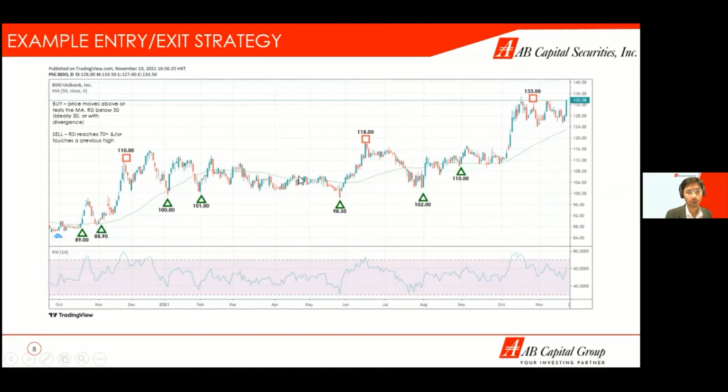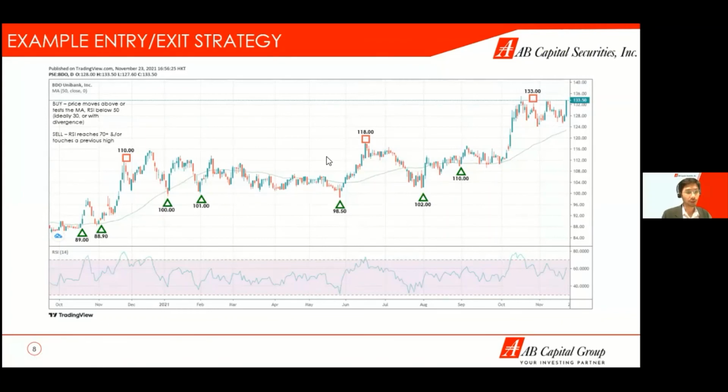You would notice that the position trader didn't sell at all during this period. Actually, he added at 98.50 when there was a big drop, and the RSI touched 30, which is the oversold value. And then he would have most likely sold at 118 when the RSI reached 70.